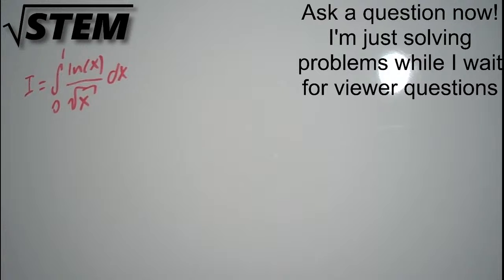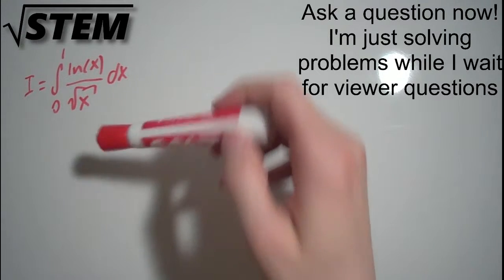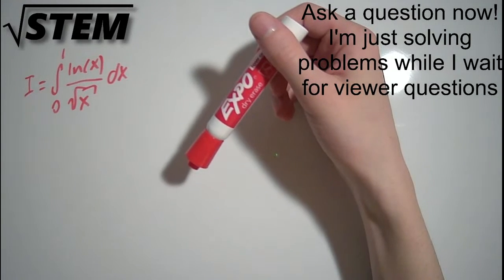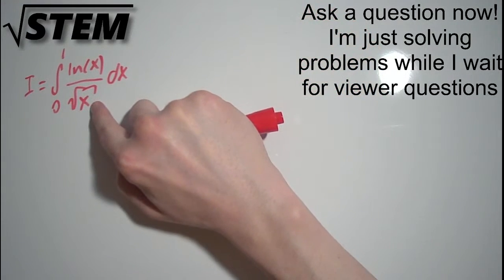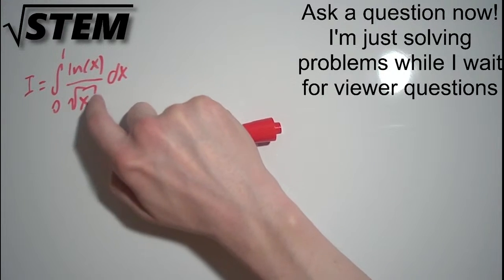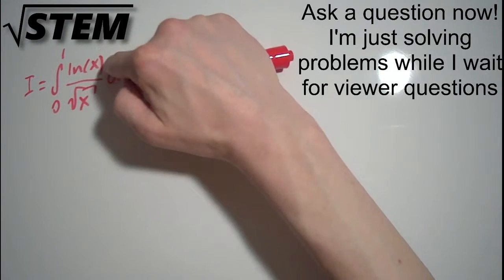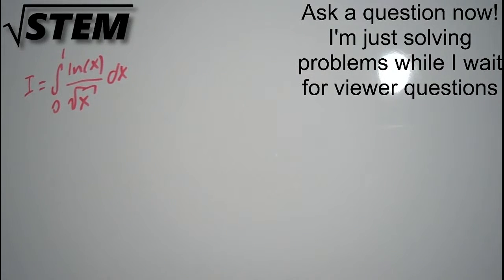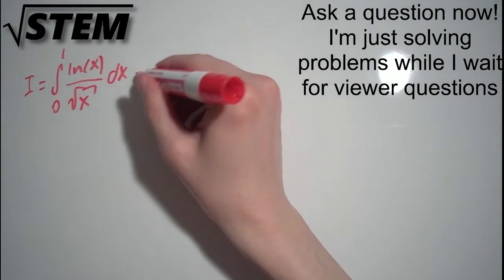So this is another improper integral, for two reasons actually. We can't plug in 0 to the square root of x in the denominator, but also we can't plug in 0 to natural log because we'll get negative infinity. So we'll have to set this up with a limit as we have before.